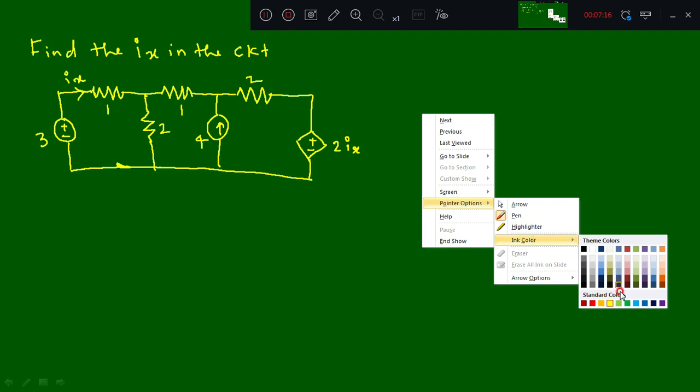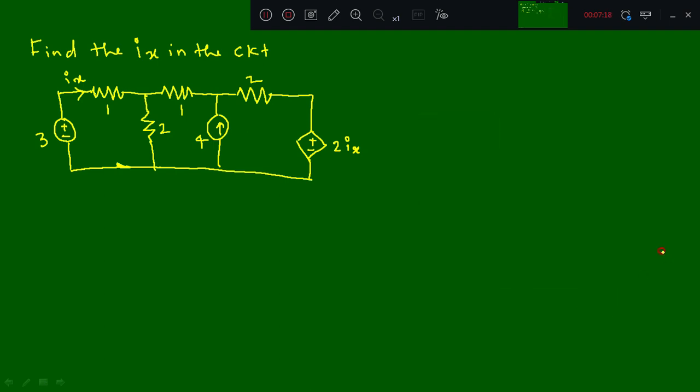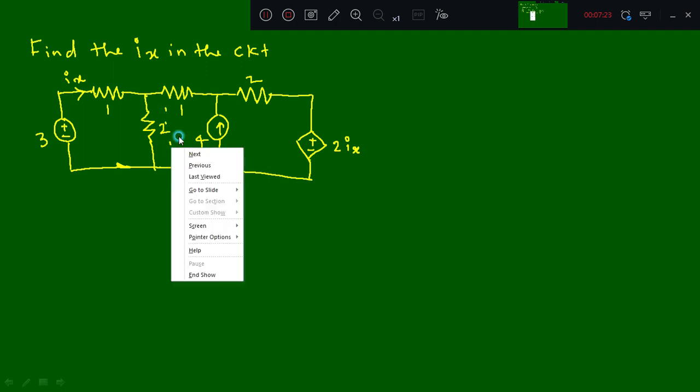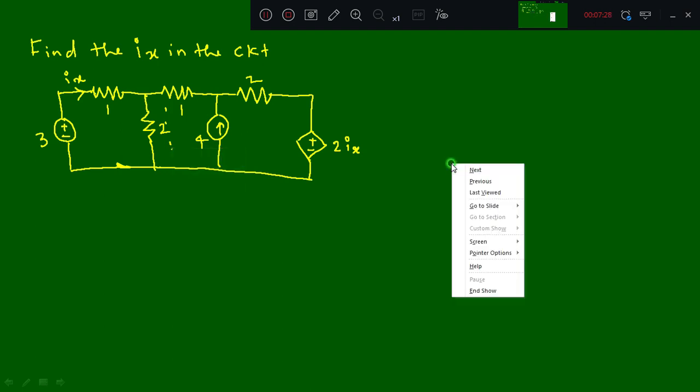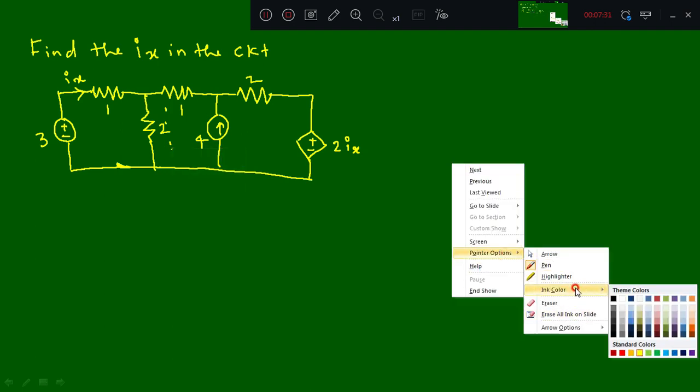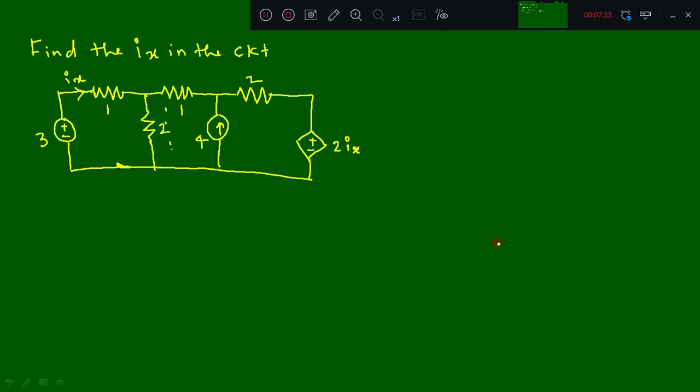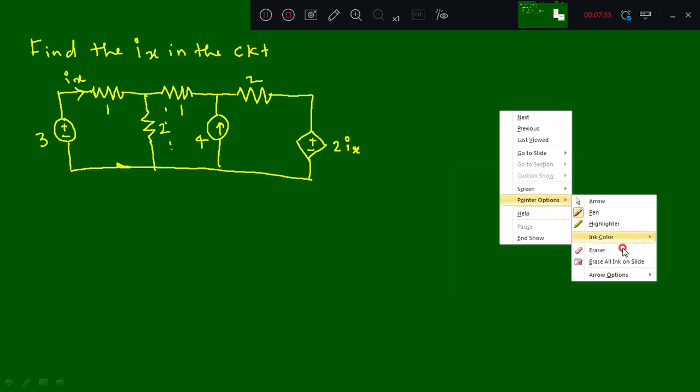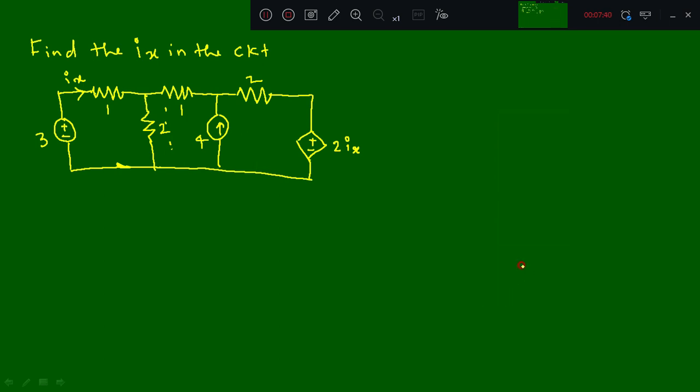These loops become the super mesh. You can check this.